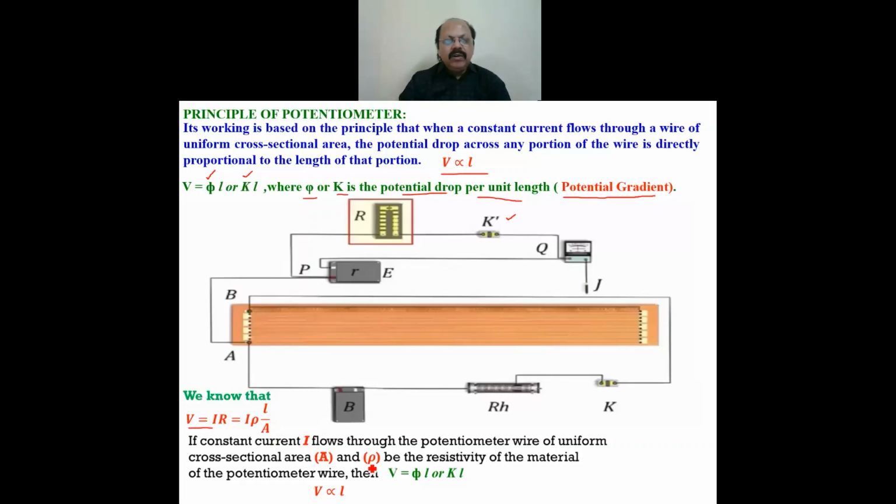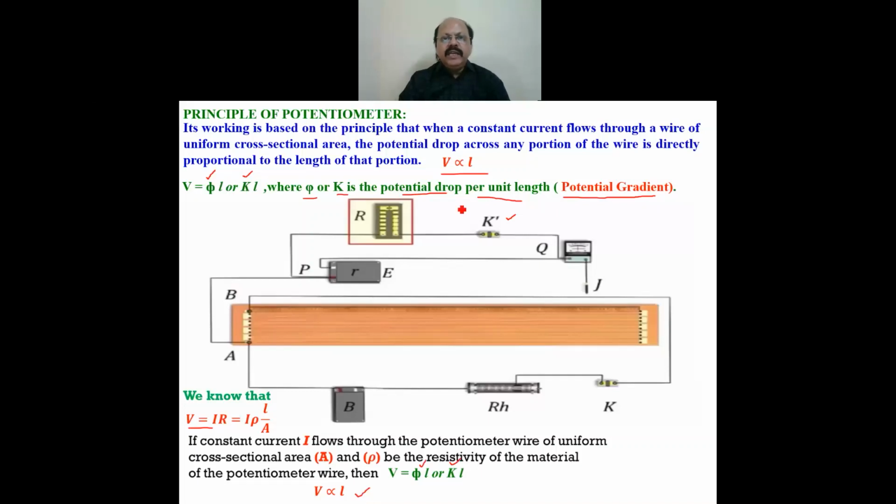All these three factors are constant. So in place of I rho upon A is phi or K, which is known as potential gradient. So V equals phi L or KL, and it means V is directly proportional to L.